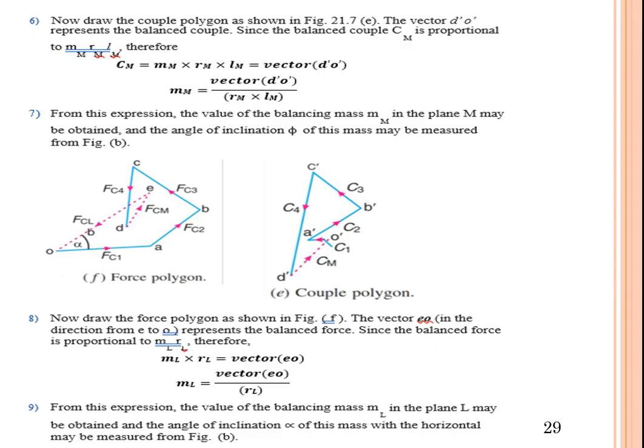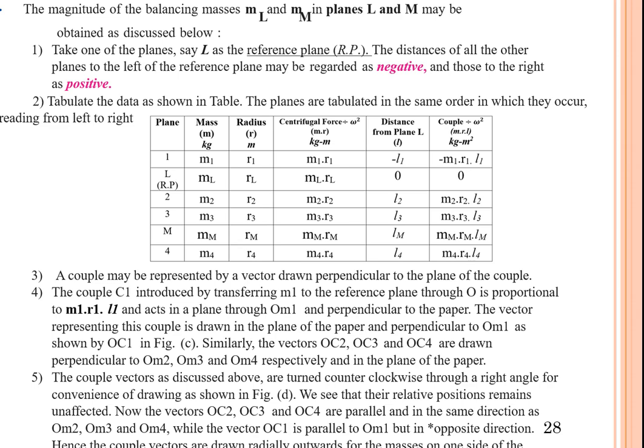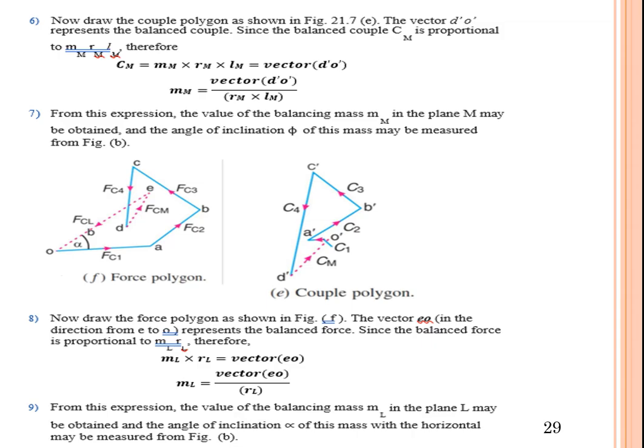After calculating this tabular column, first construct the force polygon. Select a suitable scale, construct centrifugal forces 1, 2, 3 and 4, and join to the initial point.